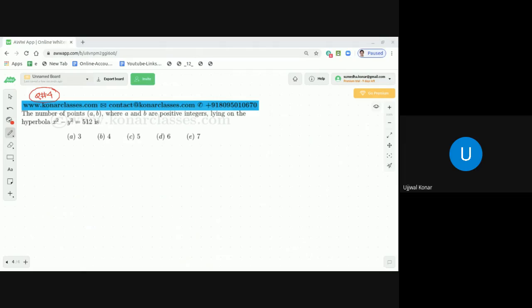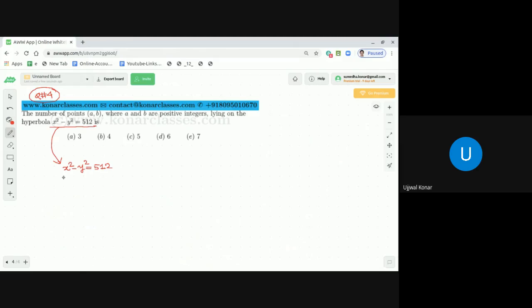So if you look into the equation of the hyperbola, from here what we can say, dear students, is that x square minus y square is equal to 512. Now, dear students, A and B are the points lying on that hyperbola.